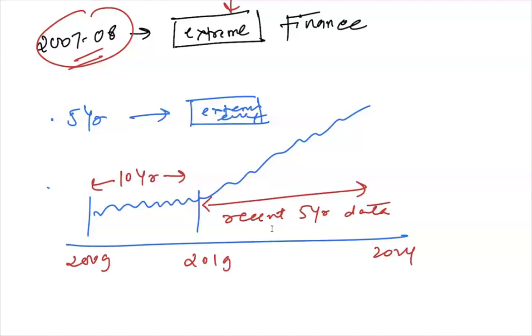Okay, so let's say in 10 years it did not grow that much, but in the last 5 years the stock has grown massively. Tell me one thing, how much data should we consider? Because we know that this specific last 5 years have been extremely important for this stock, right? Because it's just growing. So something has happened at this particular point which has caused it to grow, right?